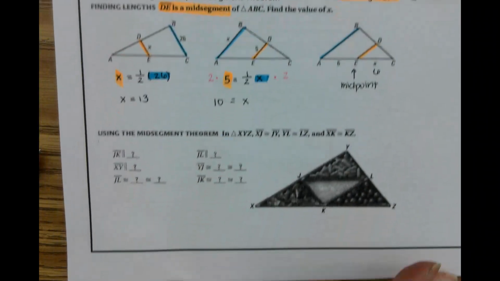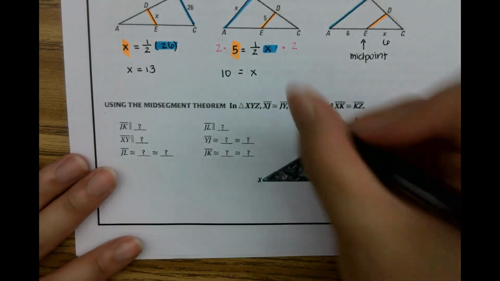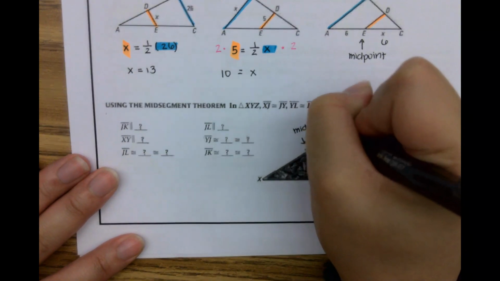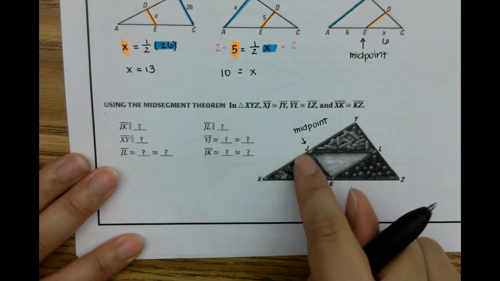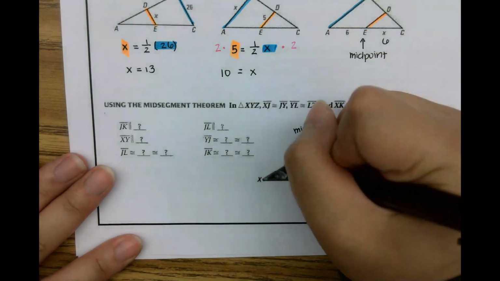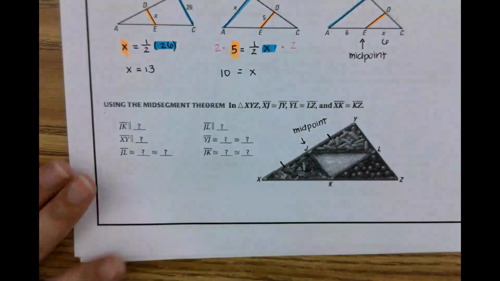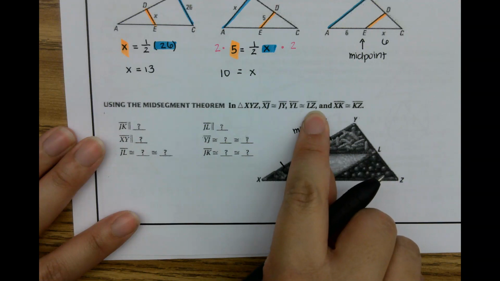So here we're going to use the mid-segment theorem. J is a midpoint. I know that because XJ is congruent to JY. If these two are congruent, that makes J the midpoint. I know that YL and LZ are congruent.